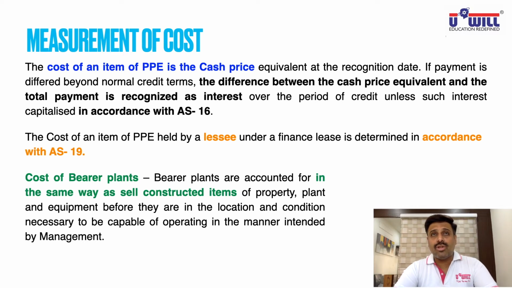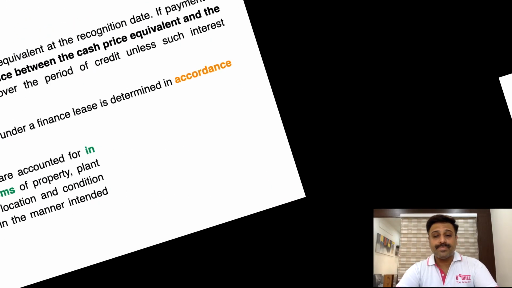In bearer plants also you have to set up the land, sow the seeds of those trees, nurture them and maintain them. So all the expenses incurred until the tree is grown are like a self-constructed asset. You have made that tree grow. So all those expenses until it has grown and starts bearing fruits will be treated as the cost of those bearer plants.